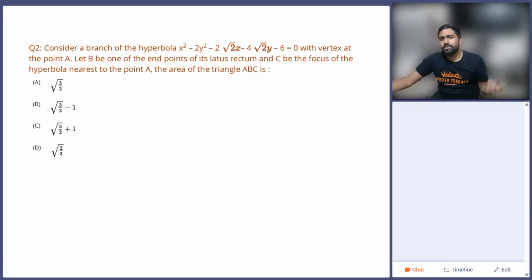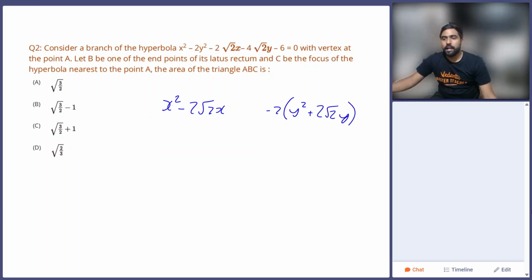So it's a very straightforward question. First things first, we need to convert this into the standard form of the hyperbola. So I have x square minus 2 root 2 x, then I have minus 2y square, and let me take that minus 2 outside, minus 2 times (y square plus 2 root 2 y), and let me put the 6 over to the right side.